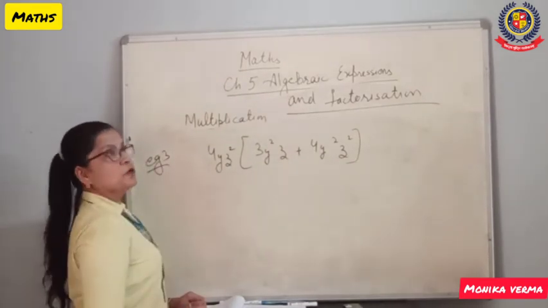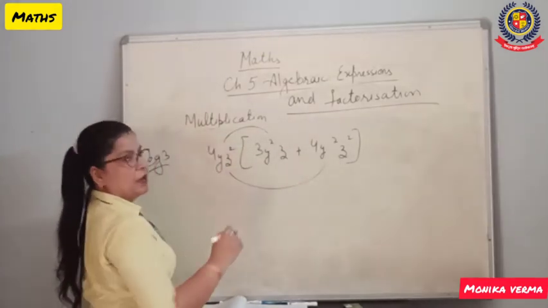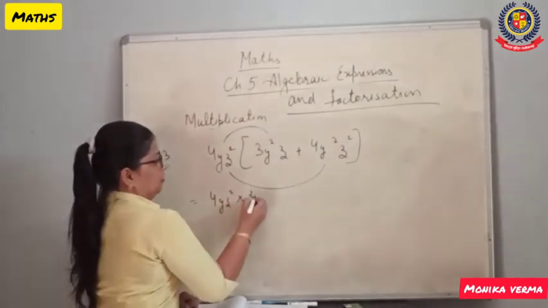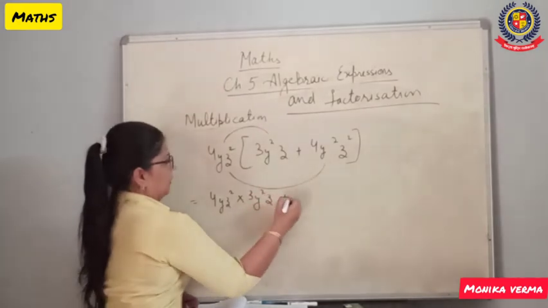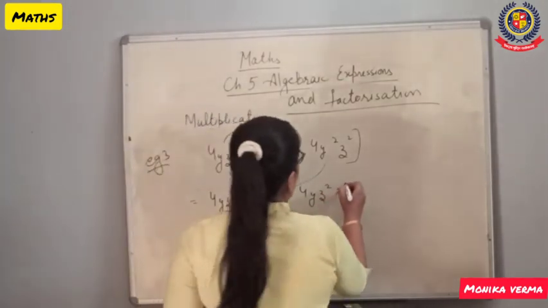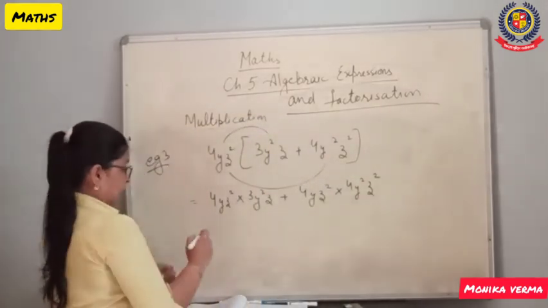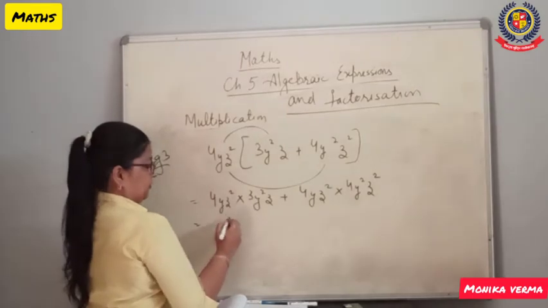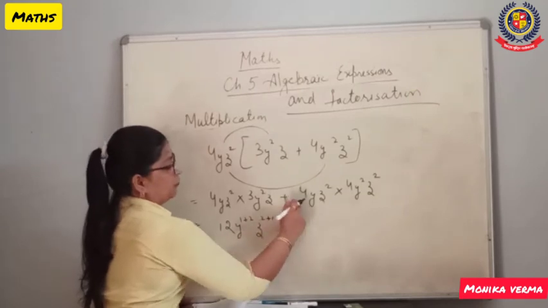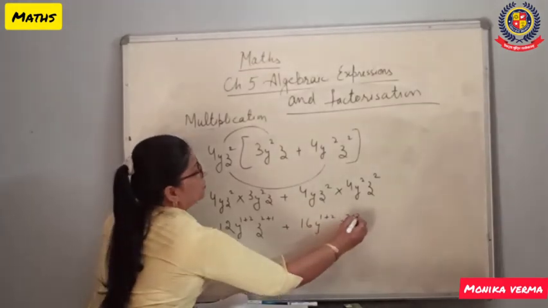How to do that? We will use the distributive property. We know it. We'll multiply this by this and put a plus sign in between. 4yz square into 3y square z plus 4yz square into 4y square z square. 4 into 3, 12, y 1 plus 2, z 2 plus 1, plus 4 into 4, 16, y 1 plus 2, z 2 plus 2.